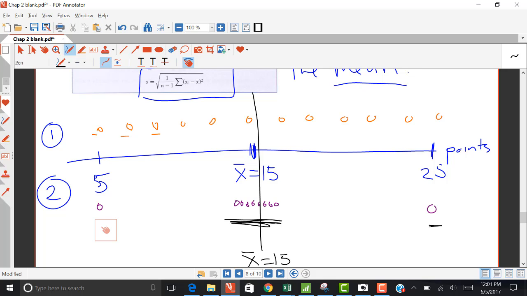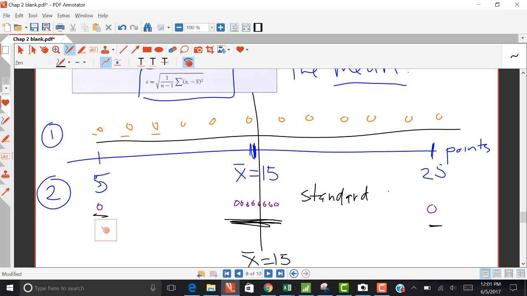He had 2 games that were far away, but on average, his values were very close to the mean. Whereas player number 2, his points were on average farther from the mean. So what this says is standard deviation for player 1 was larger.